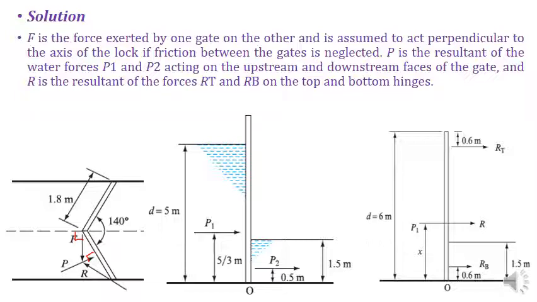Now this R will show you the hinges. It will be applied along the depth of the gate, and it will give you the point of application. What the angle of that is we will calculate later, but it will be the resultant of the forces RT and RB. RT is the reaction applied by the top hinge of the gate, and RB is the reaction applied by the bottom hinge of the gate.